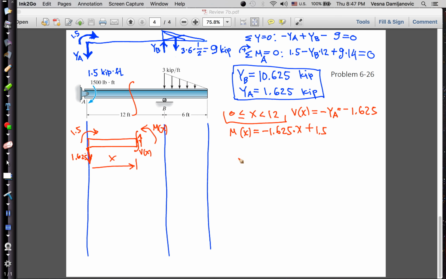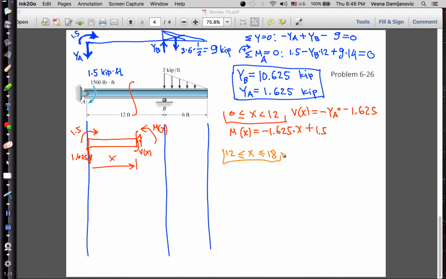Okay, so everything is in good shape. And then let me take the orange again. Let's draw what we get for when x goes from 12 to 18.